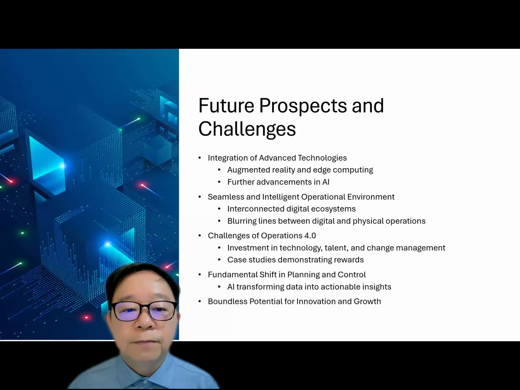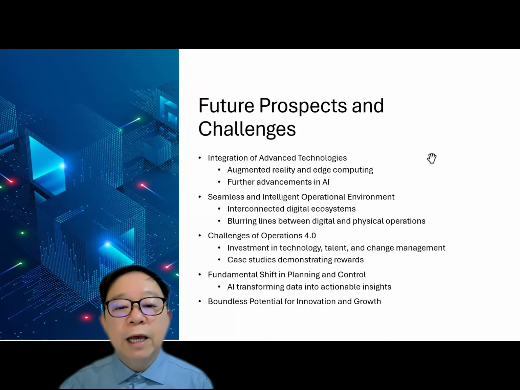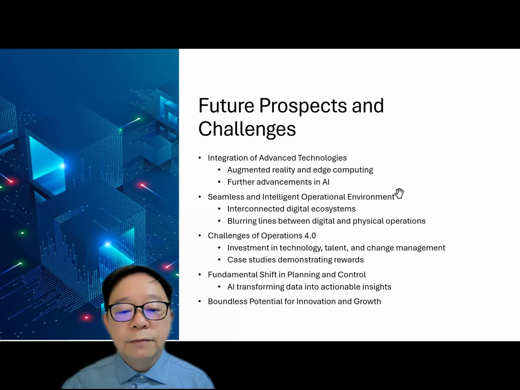So what's the future? The future that we can see is using AI, but what are the potential challenges, right? We know the opportunity is to integrate AI with the latest advanced computing technology, with AR and VR, and build an intelligent operation environment.